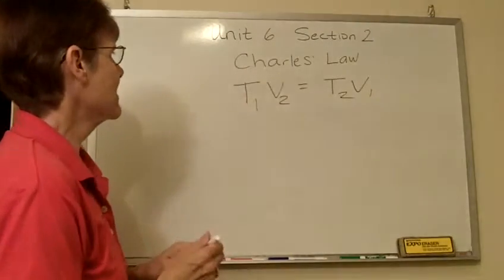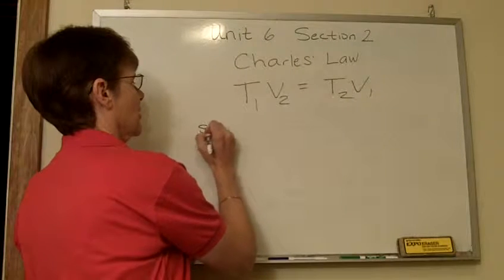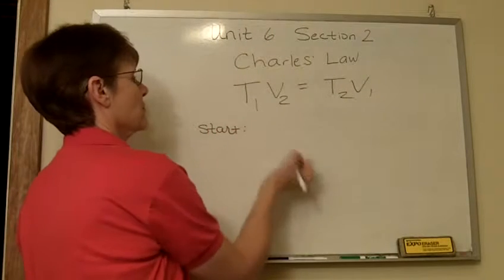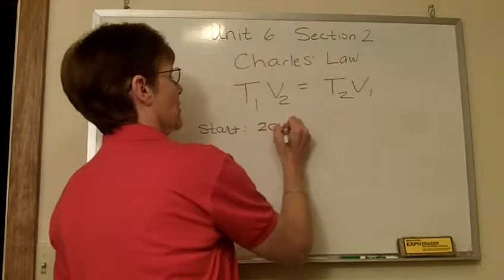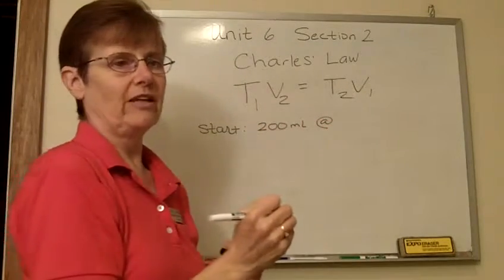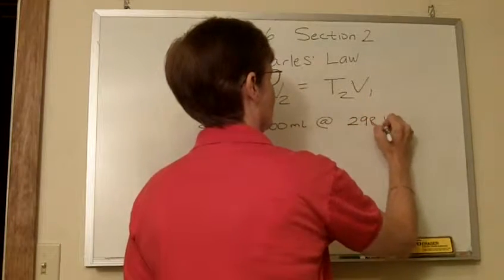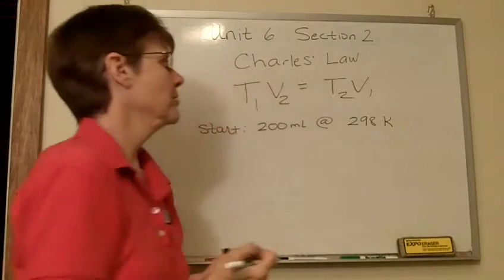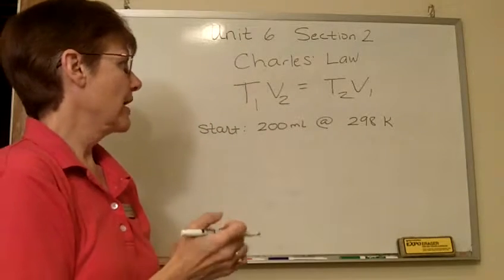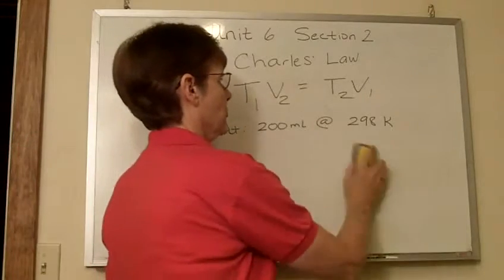All right, so let's say that we have a scenario where we have, let's say 200 milliliters of gas at, and I'm going to say 298 Kelvin, because that's room temperature. Actually, you know what? I'm not going to say 298 Kelvin because I didn't bring my calculator and I won't be able to do the math.